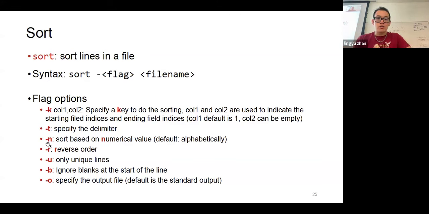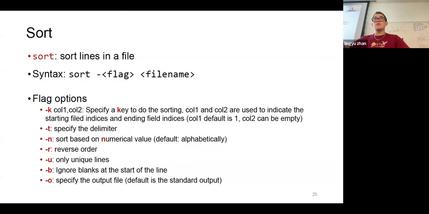A third flag is -n, which just stands for numerical. By default, it will sort the file alphabetically. For example, if you have your chromosomes, like chromosome 1 to 23, chromosome 10 will come right after chromosome 1 because it's alphabetical order.